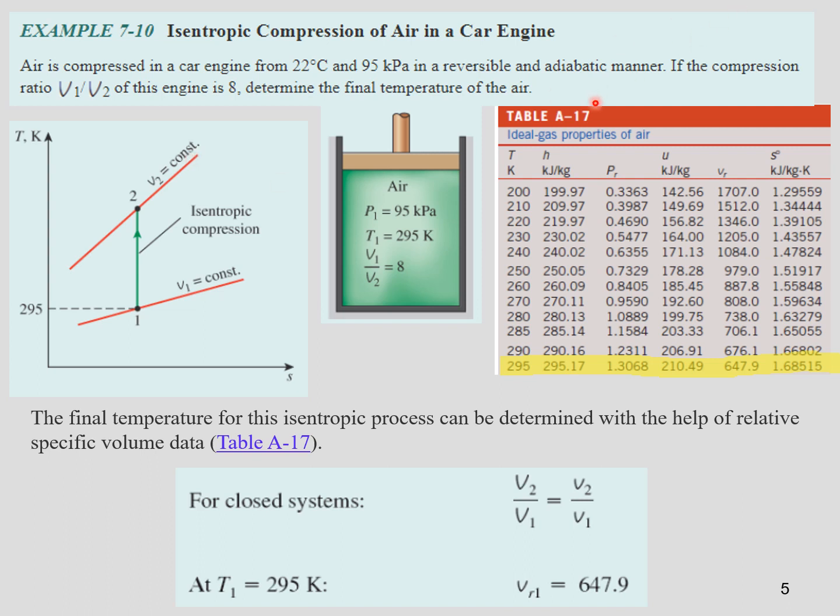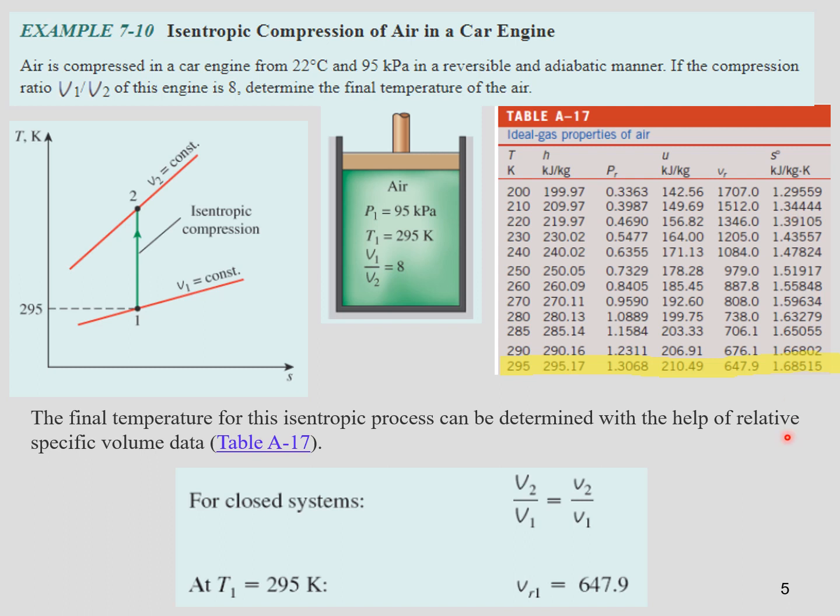If you look at table A-17 for ideal gas properties of air, at 295 Kelvin it gives a lot of properties we're familiar with: enthalpy, the relative pressure Pr, the internal energy, and here's vr, the relative volume, and of course the entropy as well.